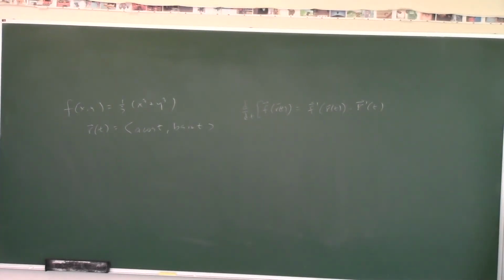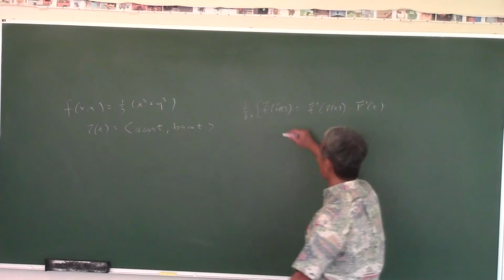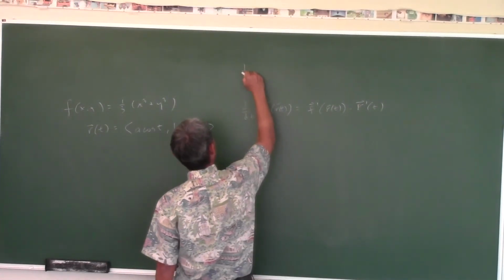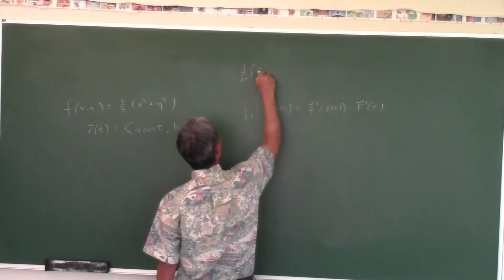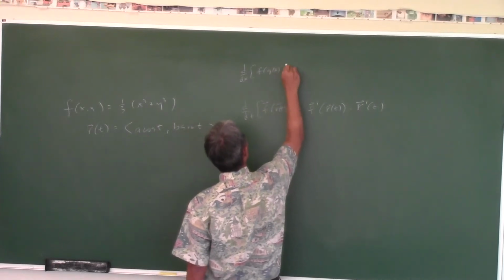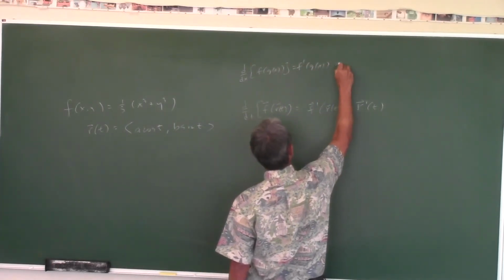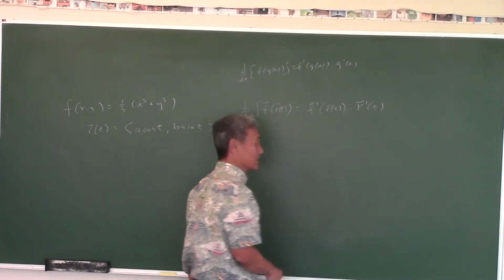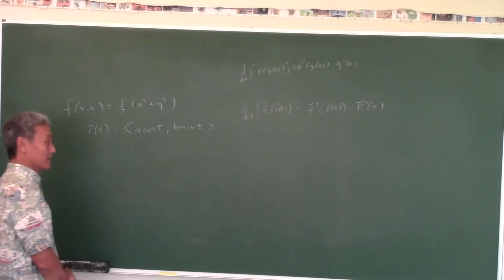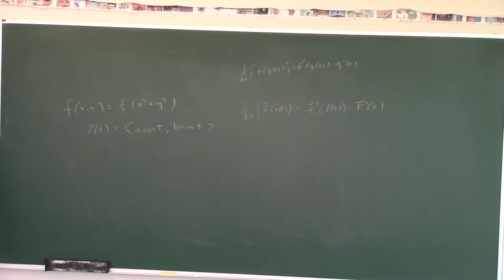That's the chain rule. This is the way we learn the chain rule in 2 dimensions: the derivative of f of g of x is equal to f prime of g of x times g prime of x. Doesn't it look eerily similar? Okay, so let's do this.